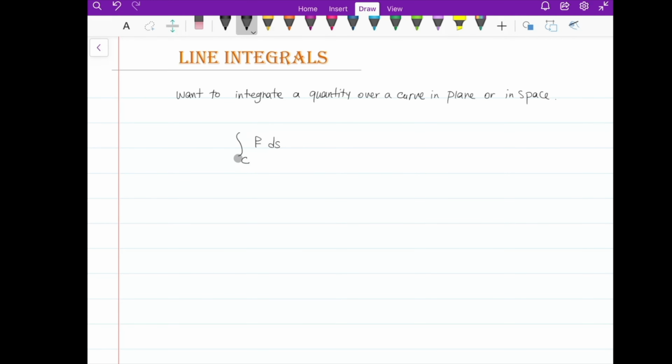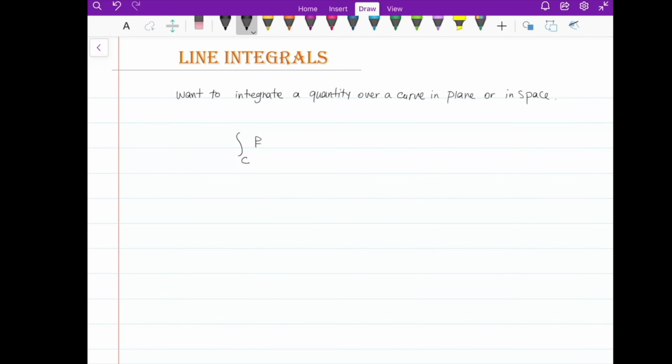So we can also say that it is like the usual single integral that we already know from single variable calculus. But the difference is that here we take the integral of a function of two variables. So if we just discuss the line integral in the plane, we have a function of two variables.